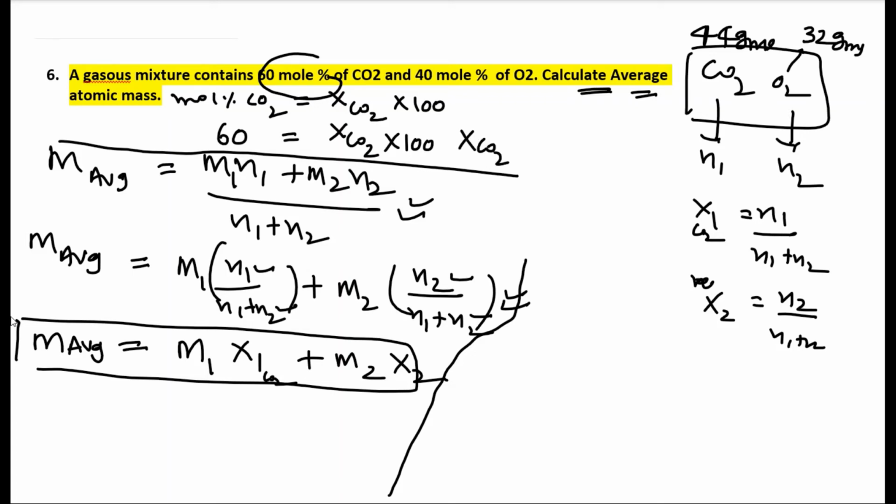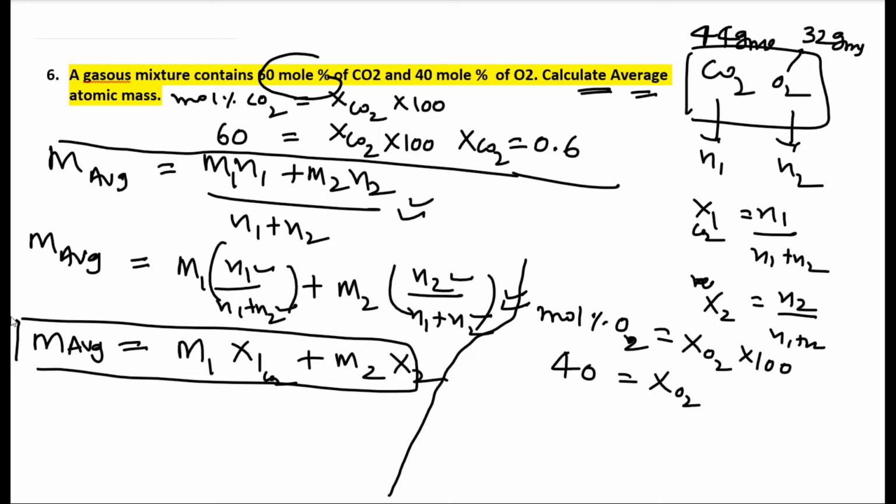Similarly, mole percentage of O2 is equal to mole fraction of O2 into 100. Mole percentage of O2 is 40, so the mole fraction of O2 is 0.4. This is the mole fraction of CO2 and this is the mole fraction of O2.